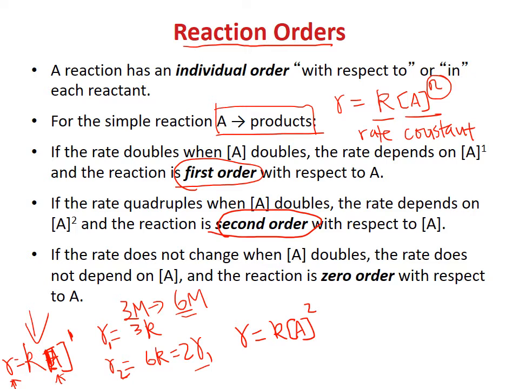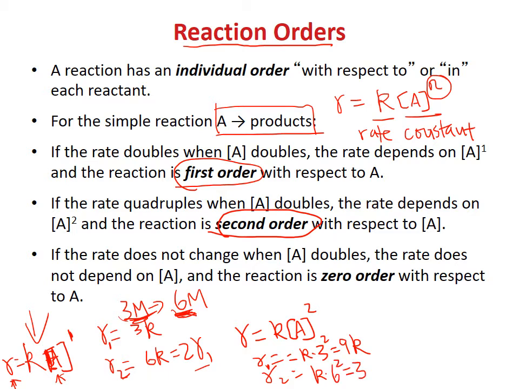For example, again, if the concentration is 3 molarity, the reaction rate R1 is K times 3 squared, so it's 9K.